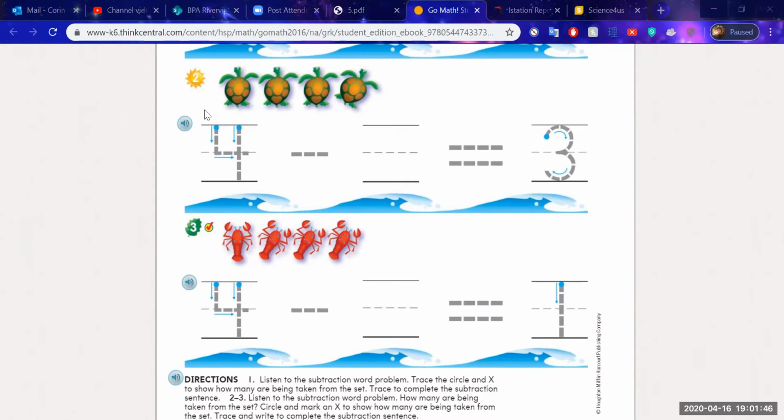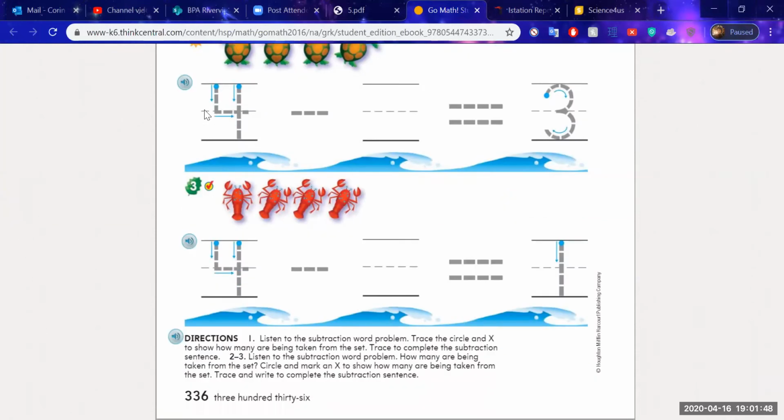Now let's look at number 3. How many lobsters do you see? 4 lobsters. Our problem says 4 minus how many equals 1. How many lobsters do you need to take away to have only 1 left?